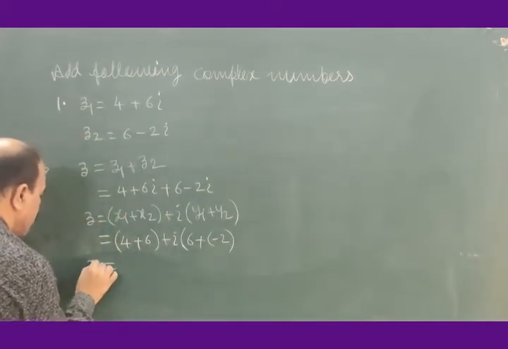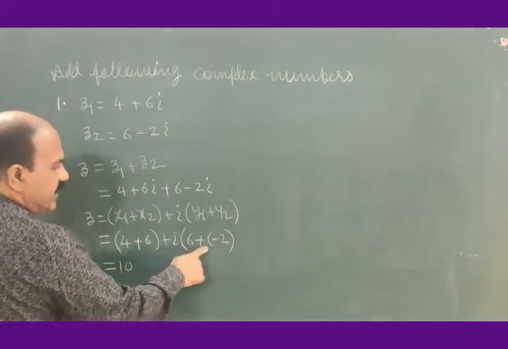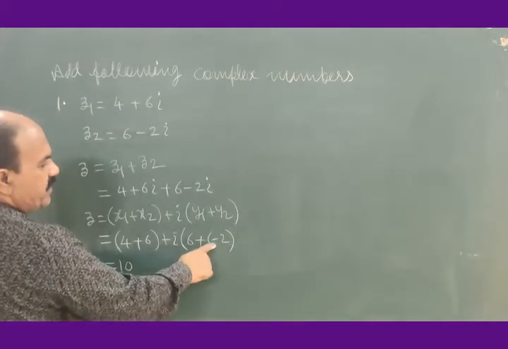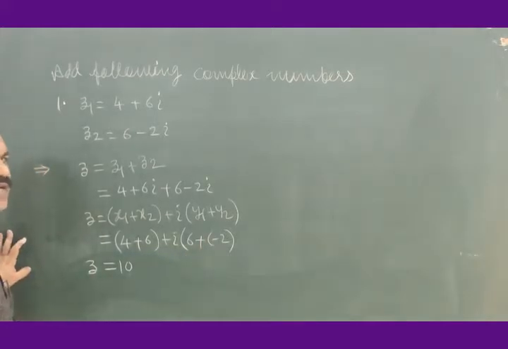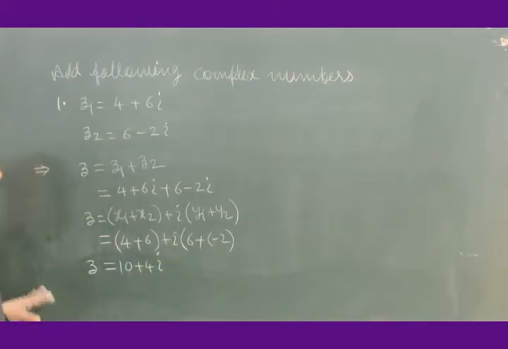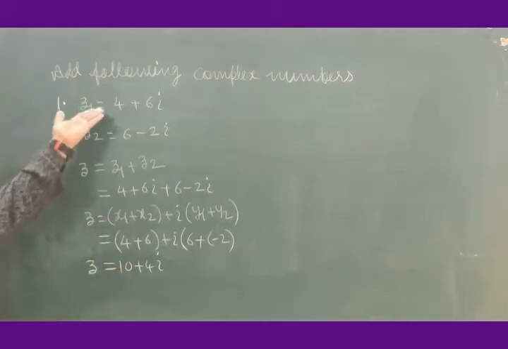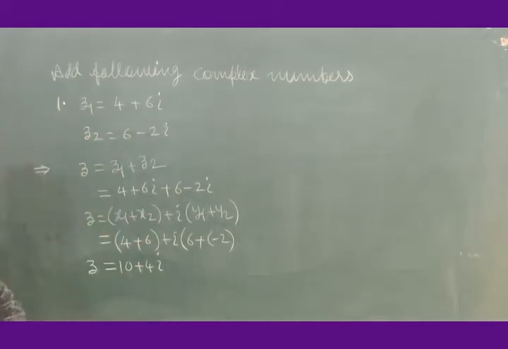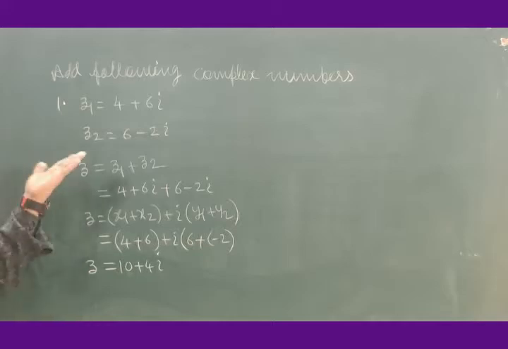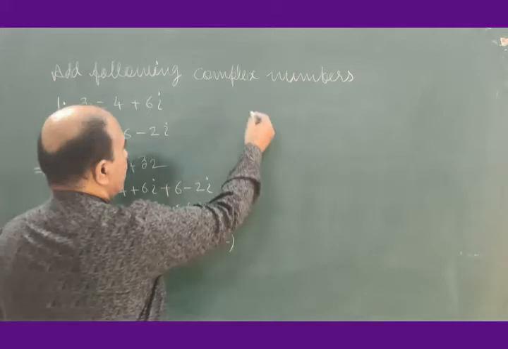This is equal to 4 plus 6, 10, plus 6 minus 2, 4, so 4i. So Z is equal to 10 plus 4i is the addition of these two complex numbers. Let us go for the second problem.